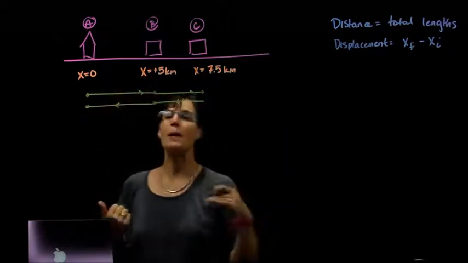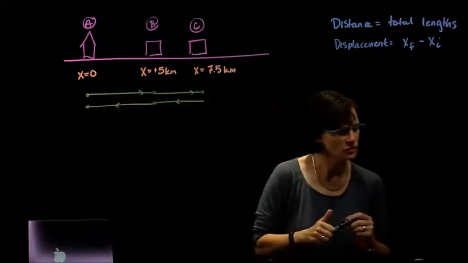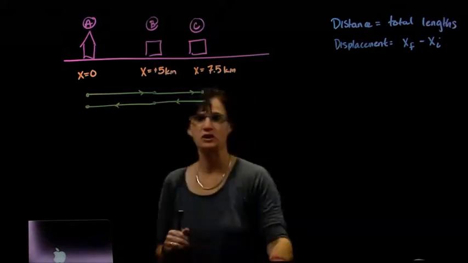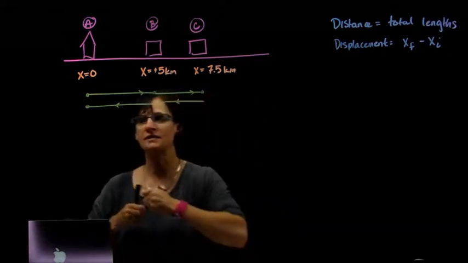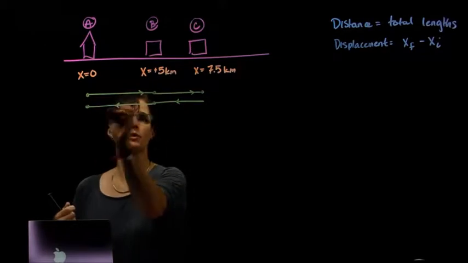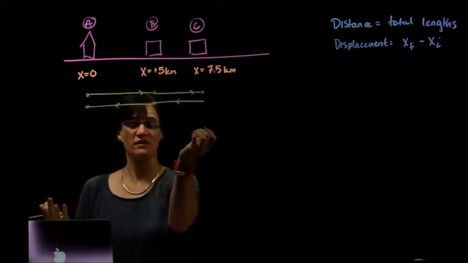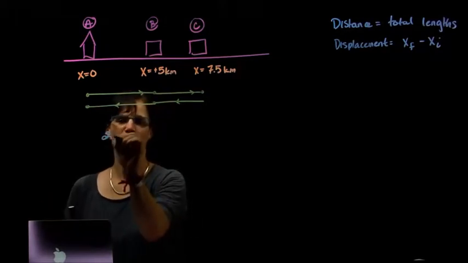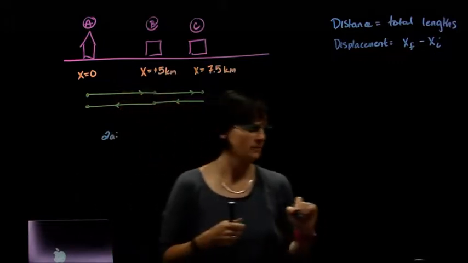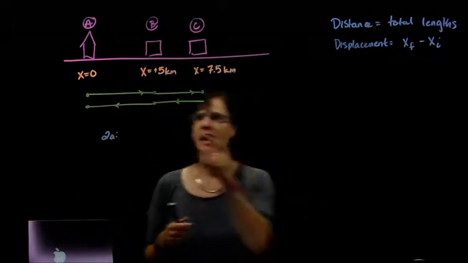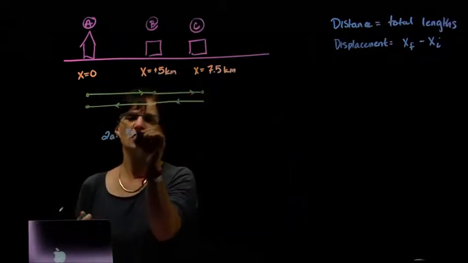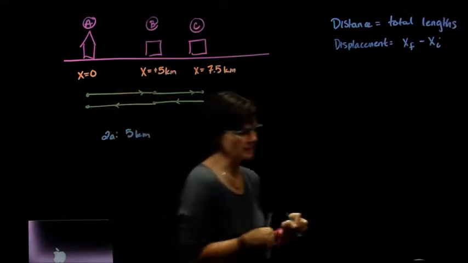That's her path and her different stops. So the first time, what distance did she travel to store B? What was her total length? The first time she goes from her home to store B in one fell swoop. So this is question 2A, distance from her home to store B, and it's 5 kilometers. So her total length is 5 kilometers.